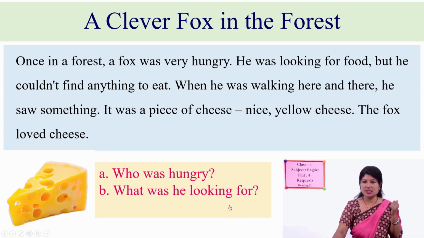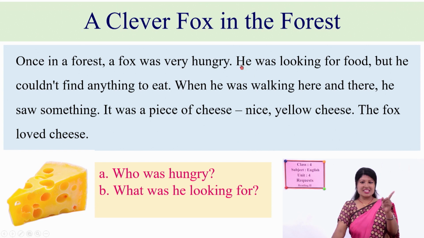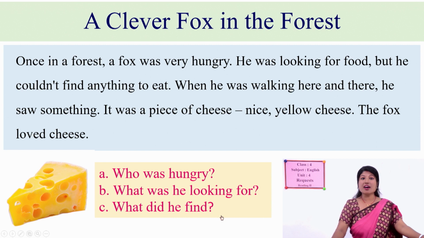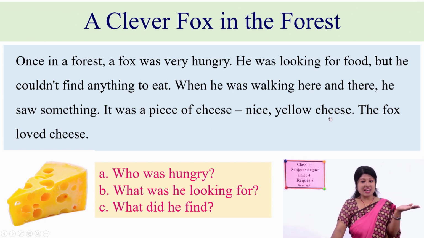Come on, tell me. Yes, he was looking for food. He was hungry and looking for food. Number C. What did he find? Come on, tell me. Yes, there's this picture, right? What is this picture of? Cheese. Nice yellow cheese. Fox found a nice piece of yellow cheese.